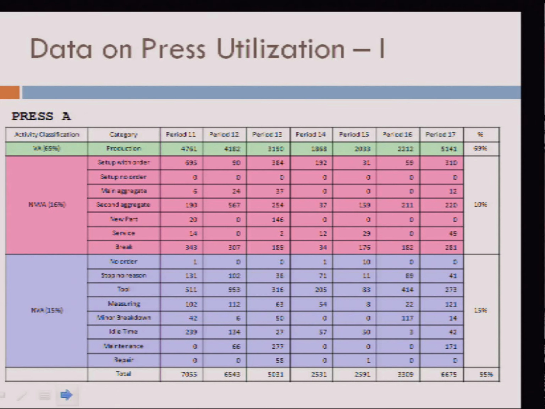Given the company being a German company, we had a lot of good data. They have an MES, a manufacturing execution system, which is able to keep a very good time log of the critical equipment in a forge shop, which is basically the presses. So you can see that for each period of operation, they were able to give us the breakdown of various activities, elements or categories that they felt were necessary but not value adding, and easily non-value adding.